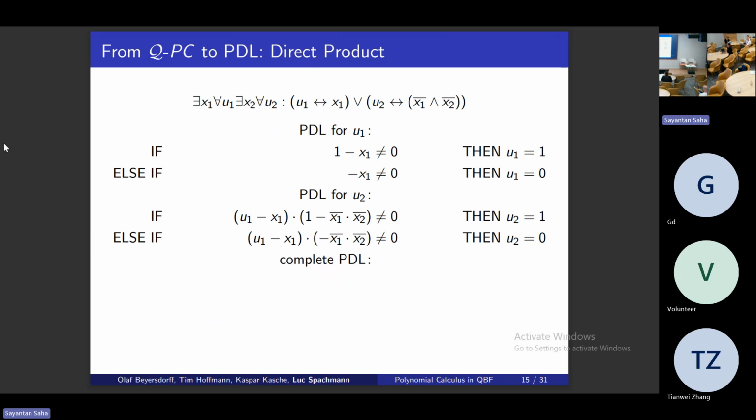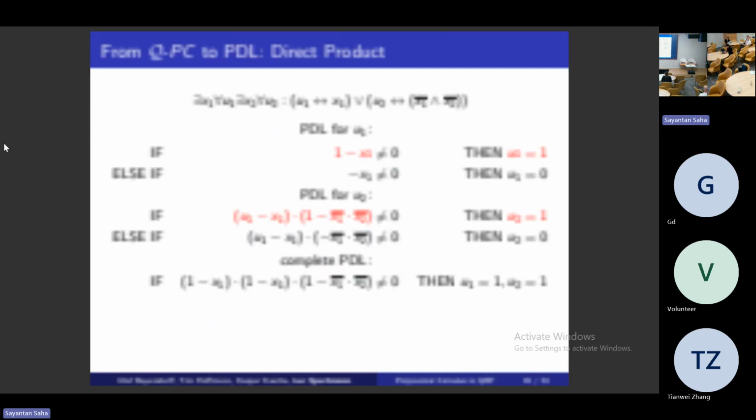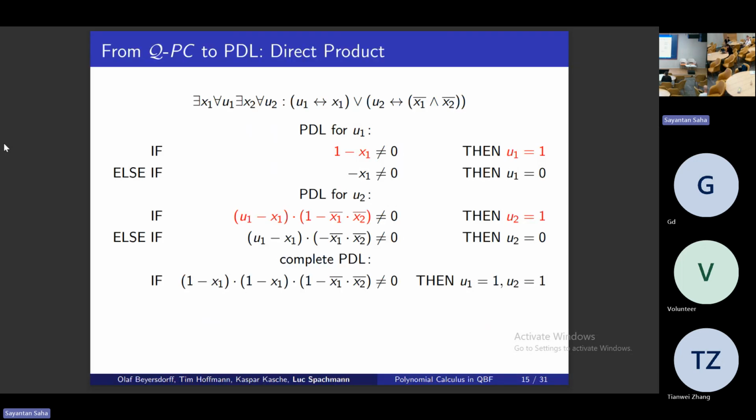Now the technique of a direct product is quite simple. We have here two decision lists for two different blocks. In this case, it's just one variable each because the blocks are quite small for this example. And we just combine every line with every other line. So you take here the first line and for both and multiply them together.